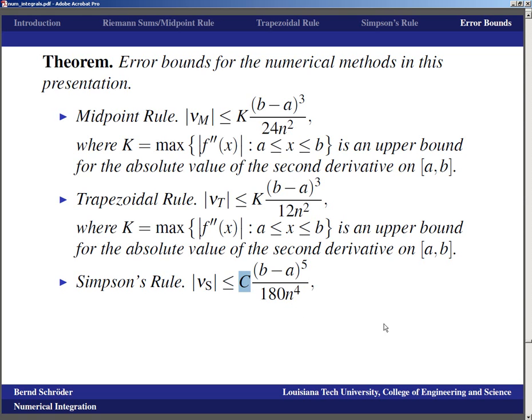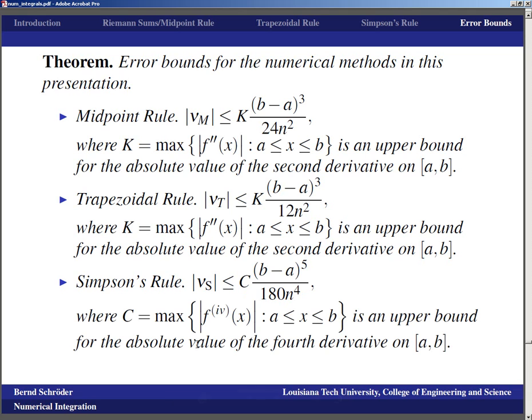The hard part always is to figure out what this C is, and for Simpson's rule, basically the C is the maximum of the absolute values of the fourth derivative. So it's an upper bound for the absolute value of the fourth derivative on [a, b]. That sort of also makes sense. In the trapezoidal rule, we approximate with line segments. Line segments don't have curvature, so curvature is probably going to introduce error.